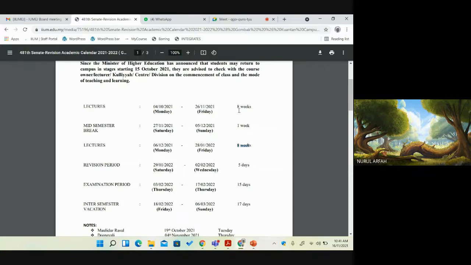Kenapa dia orang buat macam ni? Sebab this 8 weeks yang pertama ni ada kuliah yang start lambat. Sebab apa dia start lambat? Sebab they want to prepare for face to face meeting. I mean face to face in the class, right? So since our kuliah tak buat face to face, cuma certain subject je yang buat face to face macam lab. So we have ample time lah untuk adjust the date.